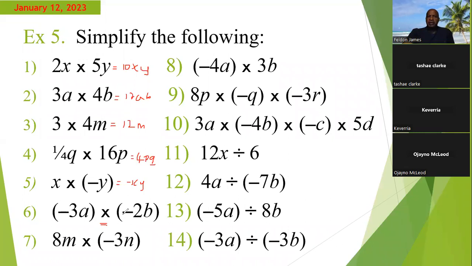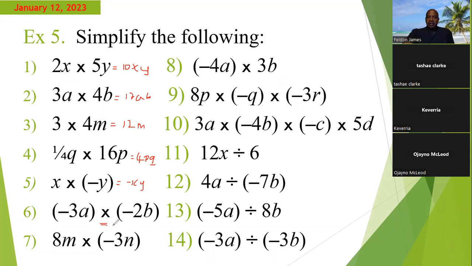Okay. I would rather you say negative times negative, because oftentimes students confuse the term negative and negative. So I would like for you to use the operation instead of saying "and." So negative times negative, because sometimes we can add.